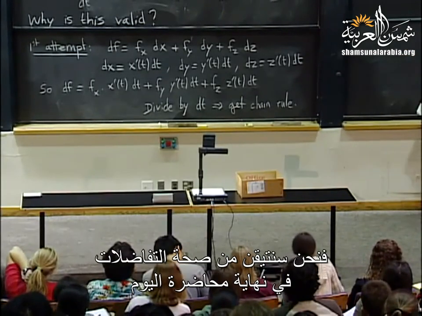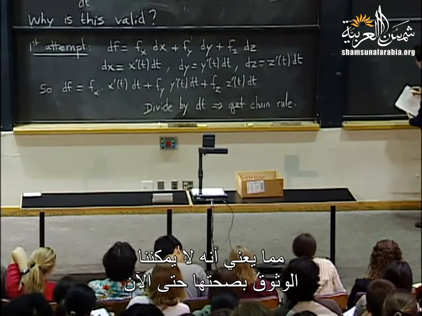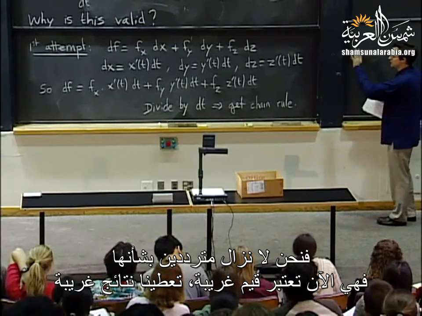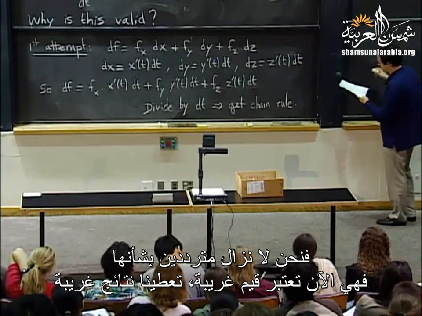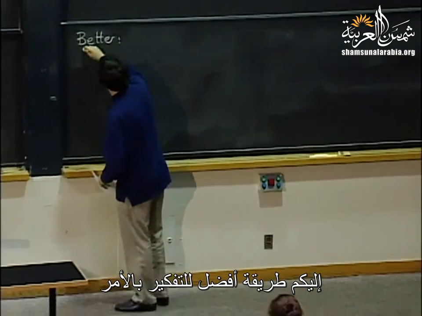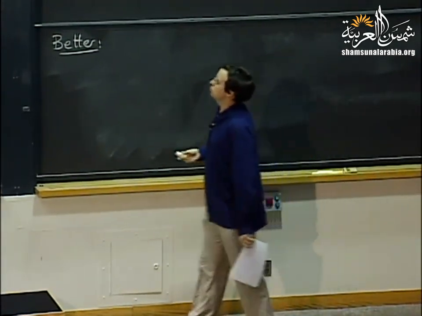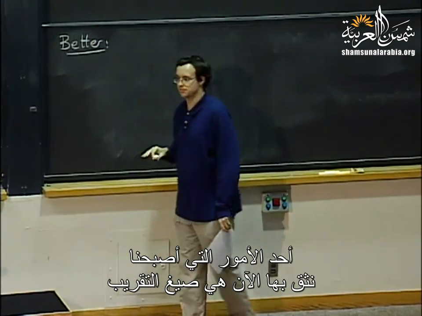I mean, at the end of today's lecture, yes, probably we should believe in them. But so far, we should still be a little bit reluctant to believe these kinds of strange objects telling us weird things. So here's a better way to think about it. One thing that we have trust in so far are approximation formulas.